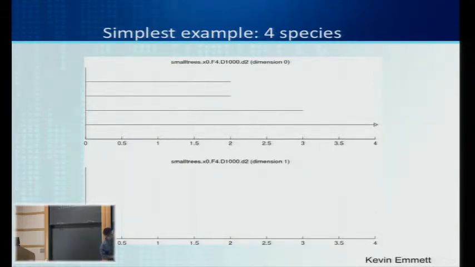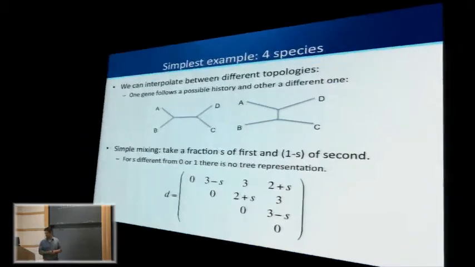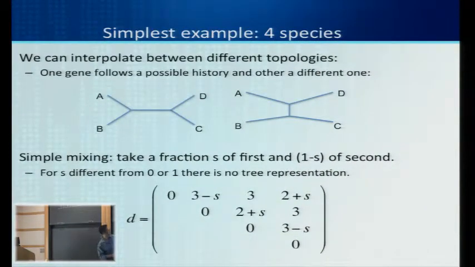And here I'm going to show you a video where we are going to do the following exercise. We are going to start with a genome that is completely a tree, like that. Then we are going to mix with some parameter between 0 and 1. 0 means that it's only this topology, and 1 means that it's only that topology.